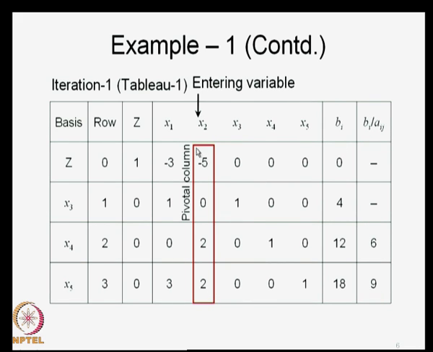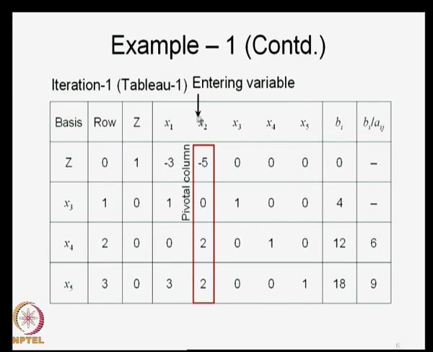The aijs are the coefficients in the column of the entering variable. Now, you have two values of bi by aij. The variable corresponding to the minimum of the bi by aij will depart.